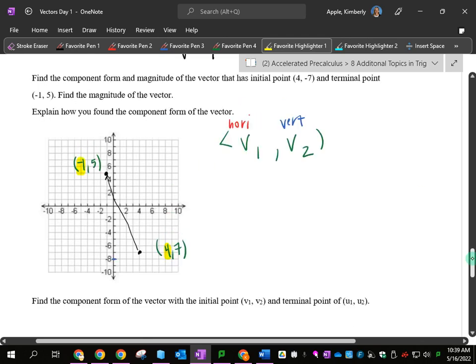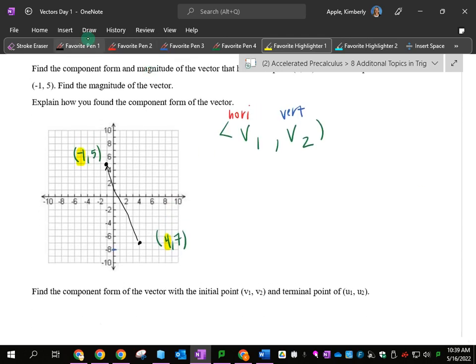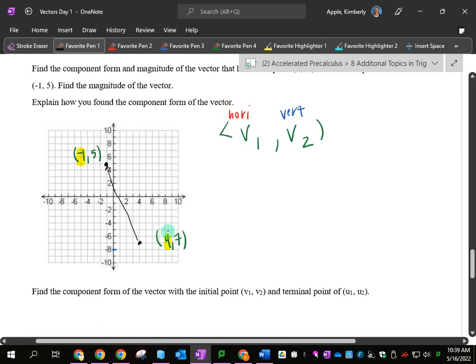Did I write those coordinates down wrong? 4, -7. So what is the horizontal change between these 2 points? Well, it's just -1 minus 4 equals -5.